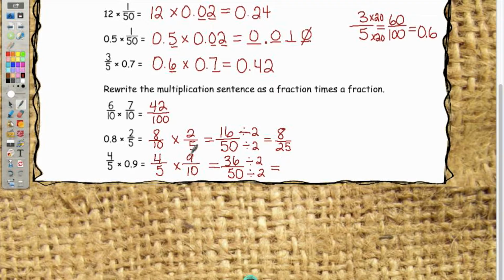Hey, I wonder, could I have crossed off ahead of time here? Yeah. What about on this one? Yeah, I bet I'm going to divide by 2 right here. And I bet I would divide by 2 right there, since I divided by 2 here. So 36 divided by 2. 15 divided by 2. Okay, so if I would have crossed off the 4 and 10, I would have got a 2 and a 5. Is that 19/25ths or 18/25ths? Yeah, it is. Okay.